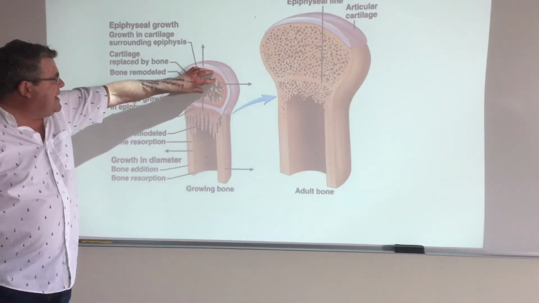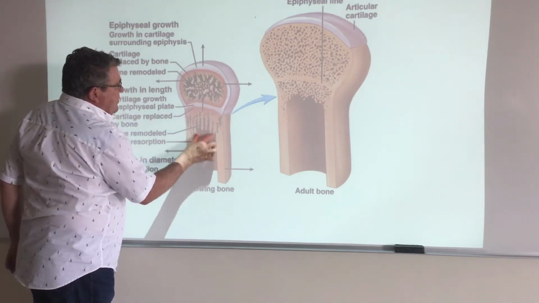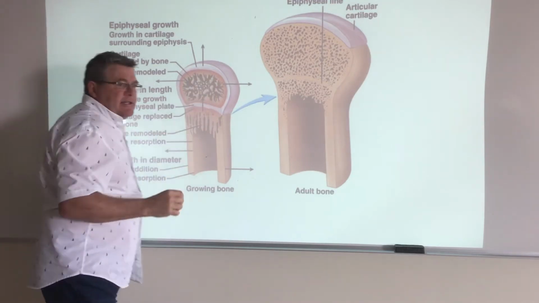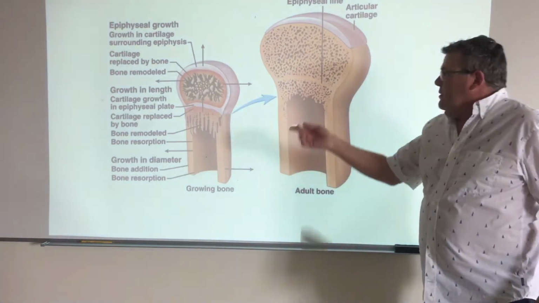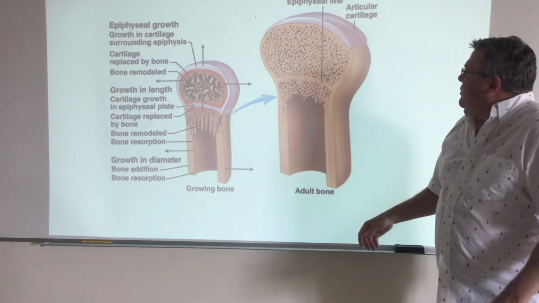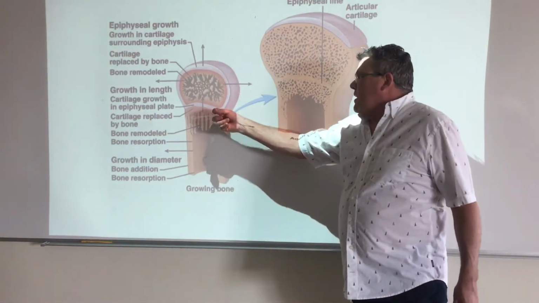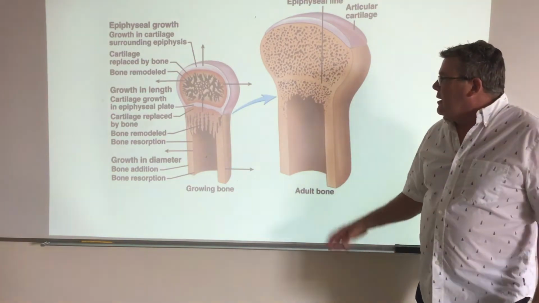So think about what's going on here. We've got this growing and this growing. And what it's doing is it's pushing this epiphyseal plate. It's what we call a growth plate when you're younger. What I mentioned before is, yeah, you're playing out for junior varsity and you break your leg, you break your arm.